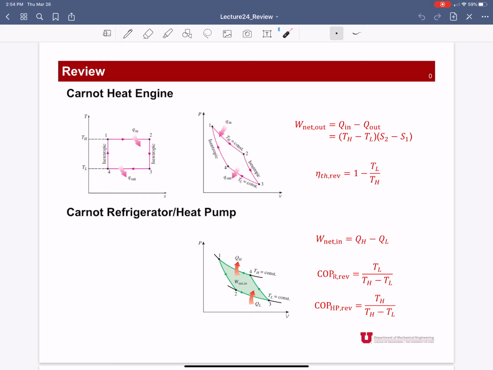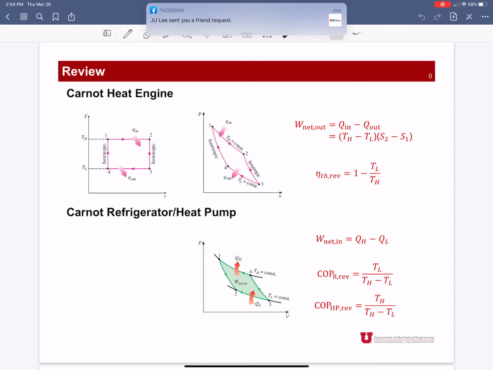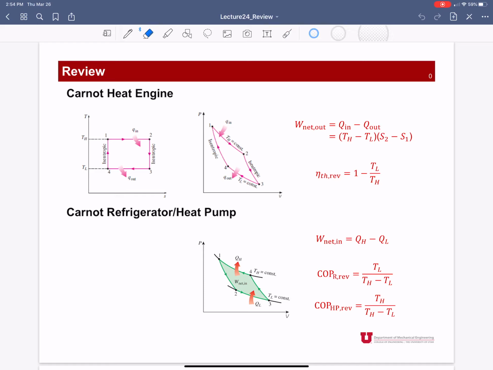In lecture 23, we learned about the most ideal thermodynamic cycles, which we called the Carnot thermodynamic cycles. Depending on how we use that cycle, we have the Carnot heat engine and the Carnot refrigerator or Carnot heat pump.